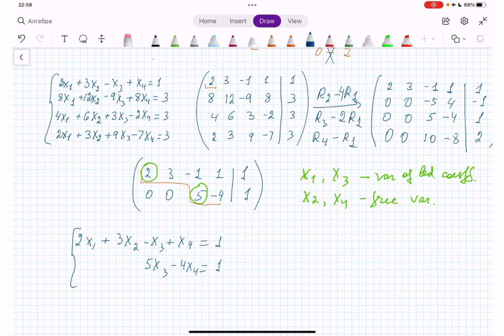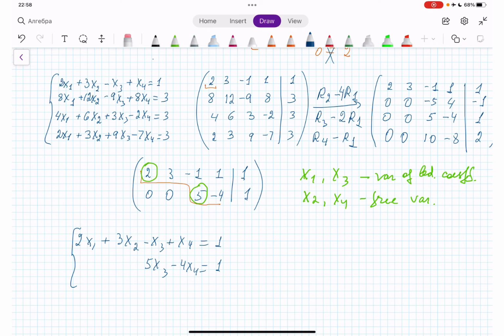So this is what we are going to do now. Since x2 and x4 are free variables, our fundamental variables x1 and x3 are the variables of our leading coefficients that do exist in this system of equations. We are going to express our variables of leading coefficients through free variables.